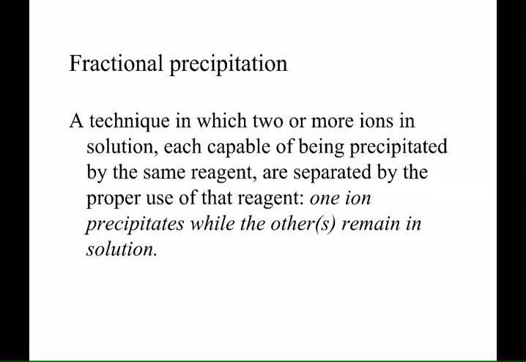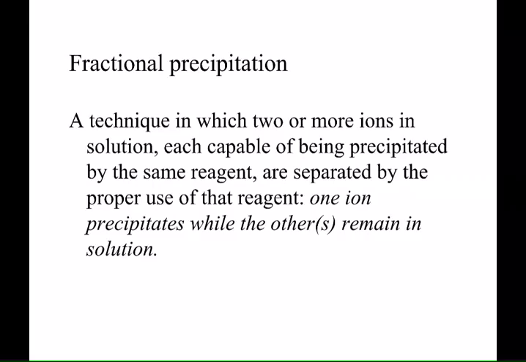I feel like it's going to be the reverse. Is it kind of like cooling it down or just adding different things? For precipitation, it's adding different things, yeah. And you could go with a temperature approach if you knew the temperature dependency of the things you wanted to separate. But this counts on the fact that two or more ions in solution are capable of precipitating.